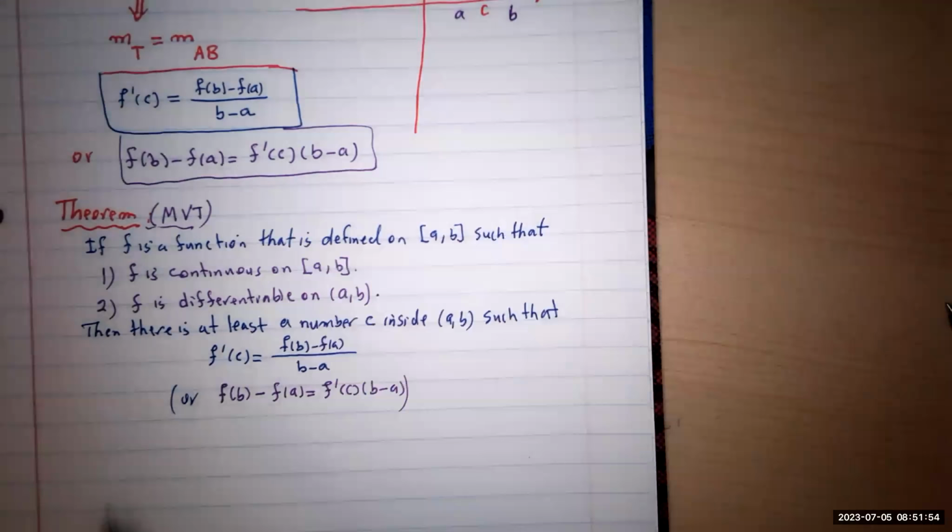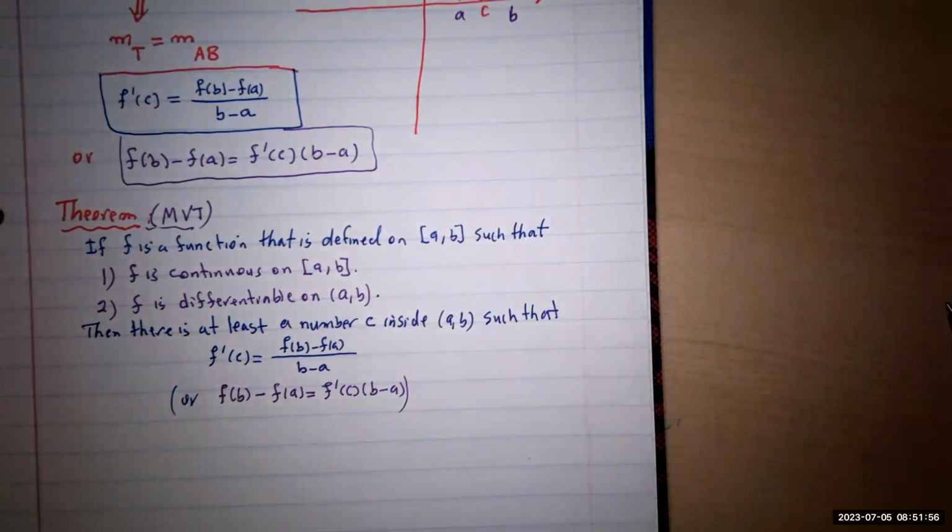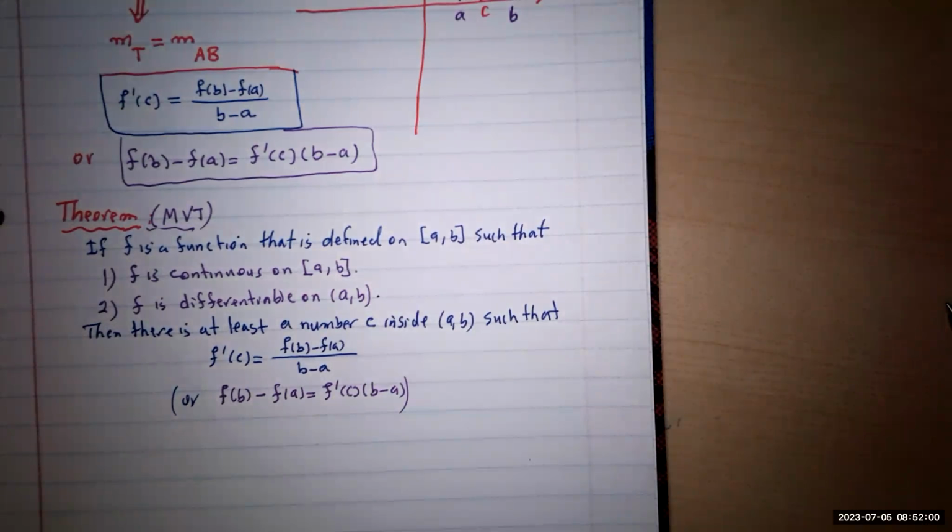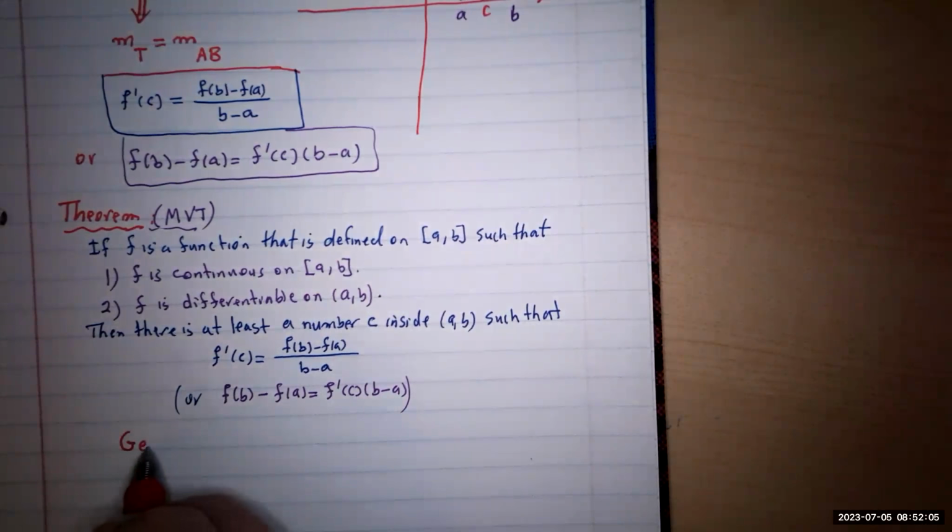And again, we talk about geometry. From the geometry point of view, this means there is a c inside. If you want to make a record for yourself, that's the way you remember it.